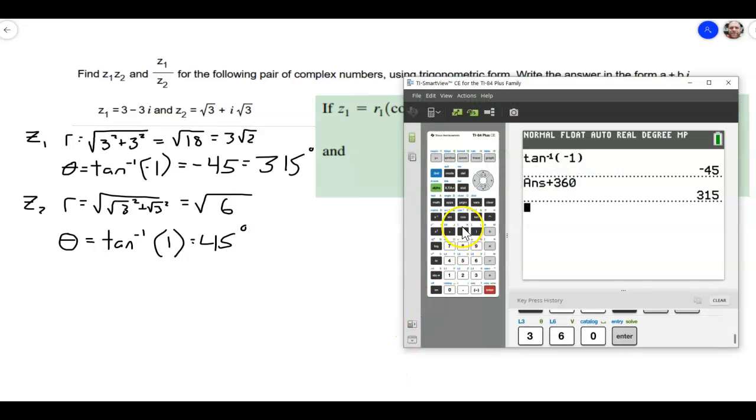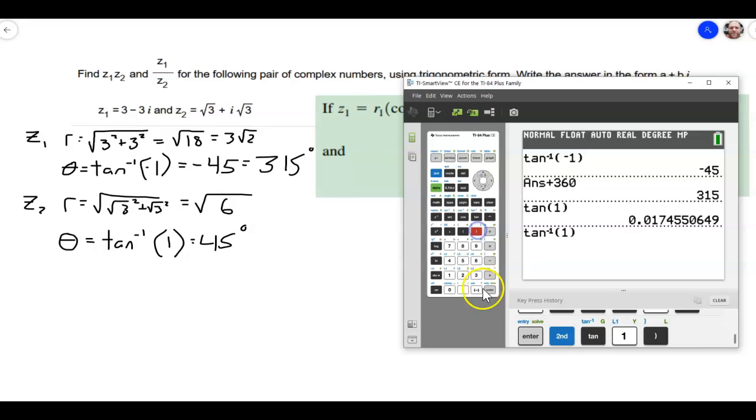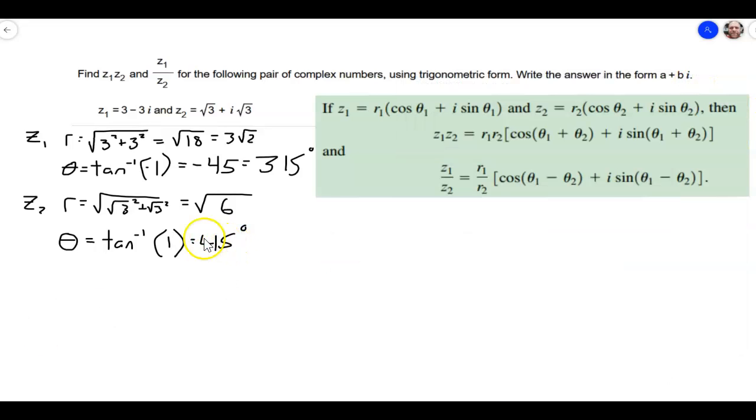If you wanted to check that, you could do the inverse tangent of 1. 45 degrees, yes. All right.